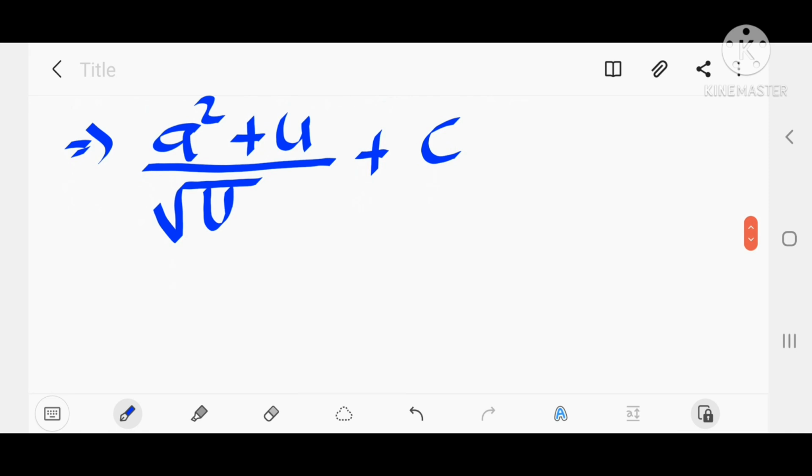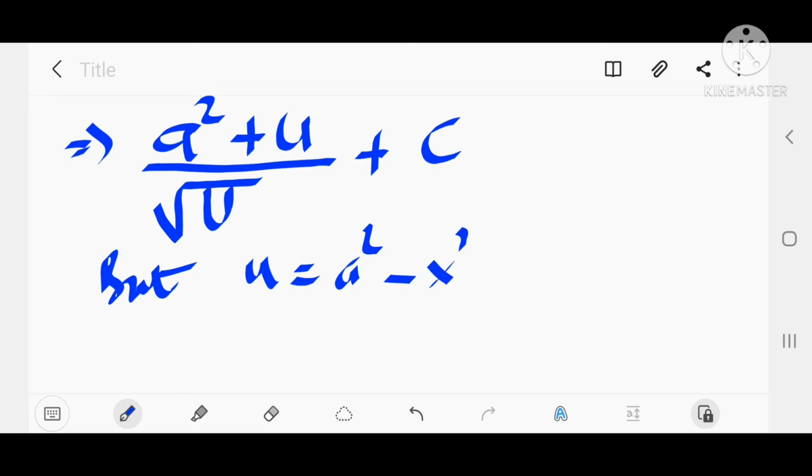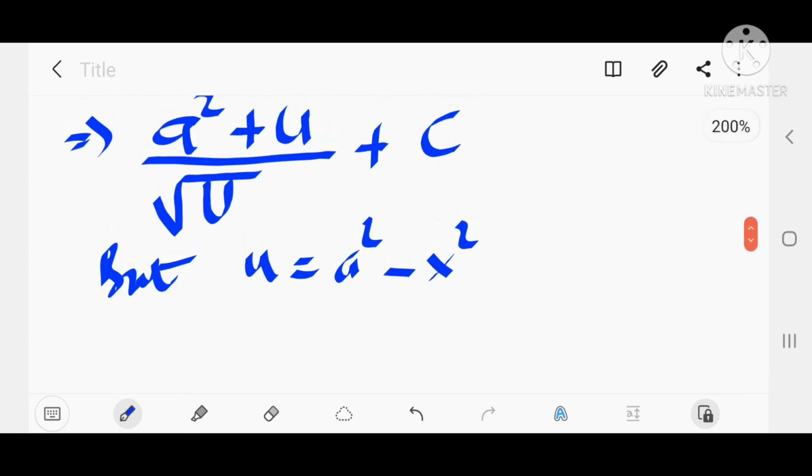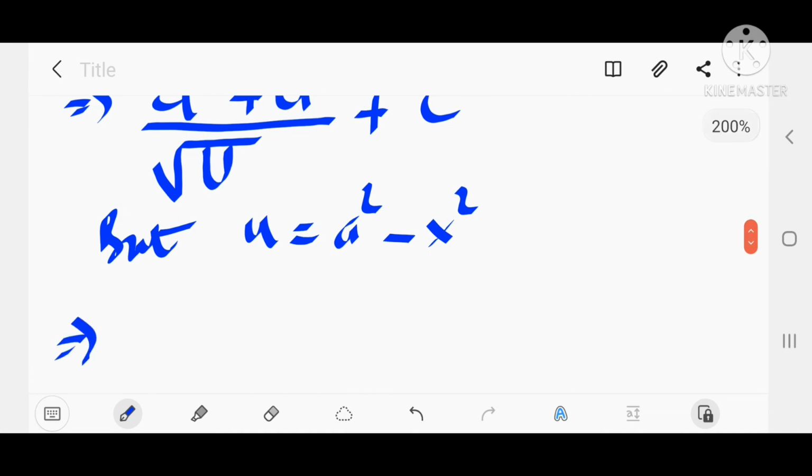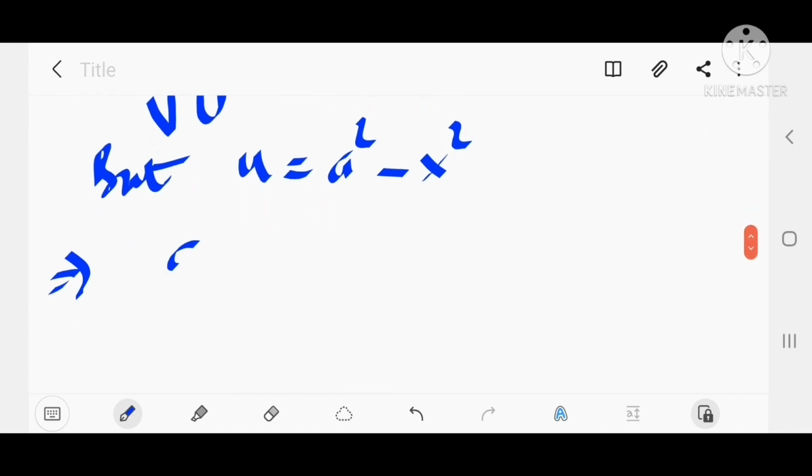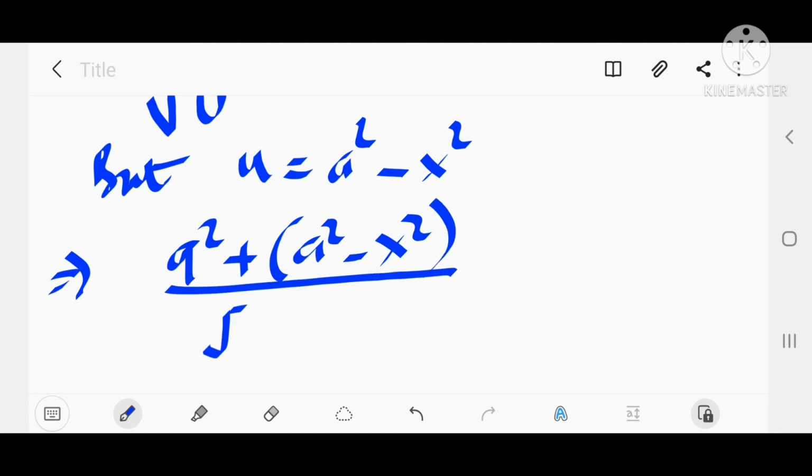But remember that u equals a squared minus x squared. So we have a squared plus a squared minus x squared on the square root of a squared minus x squared, plus c.